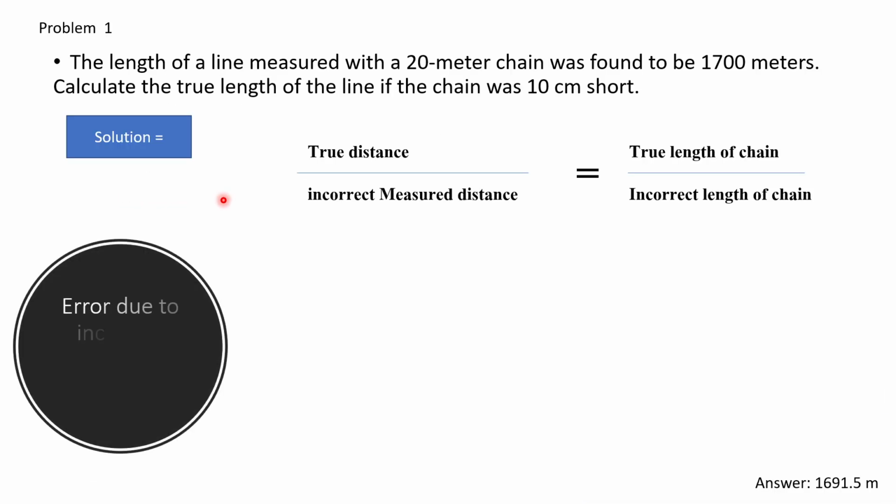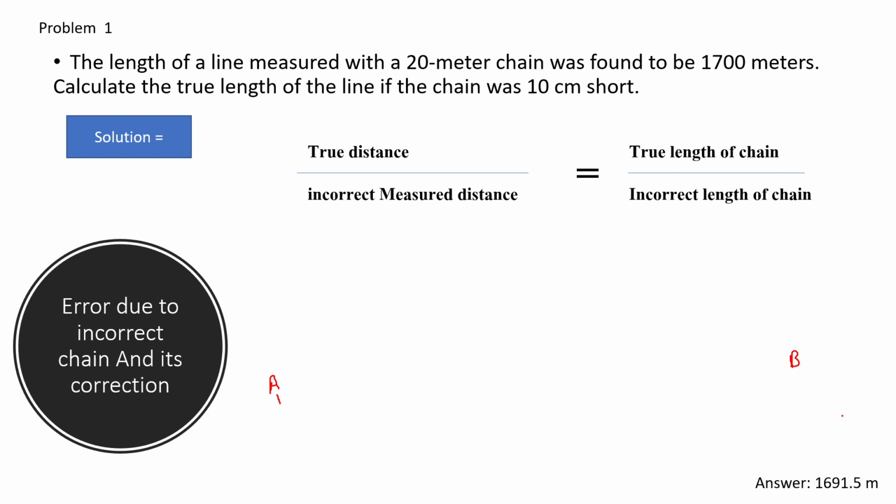After that, there are some errors due to incorrect chain length and their correction. How do we solve this kind of correction? Suppose we are going to measure the length between A and B using a tape or chain.